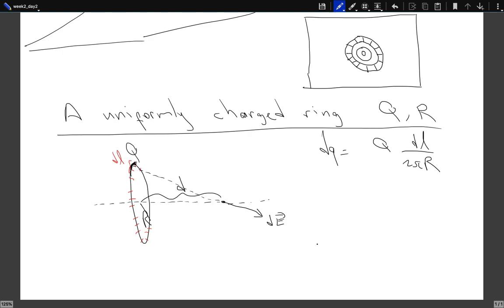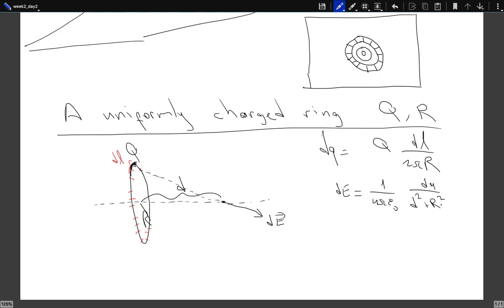And the magnitude of this electric field will be 1 over 4 pi epsilon 0 times dq over the distance of that point from my charge, squared. What is the distance squared? d squared plus r squared.